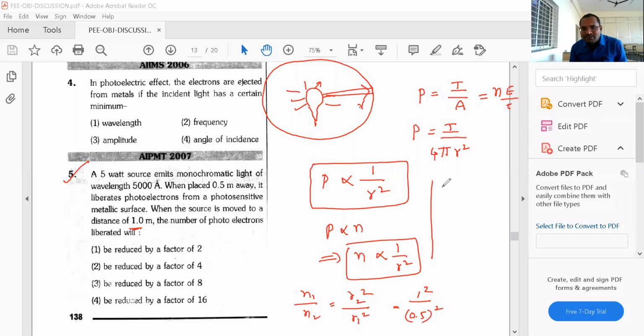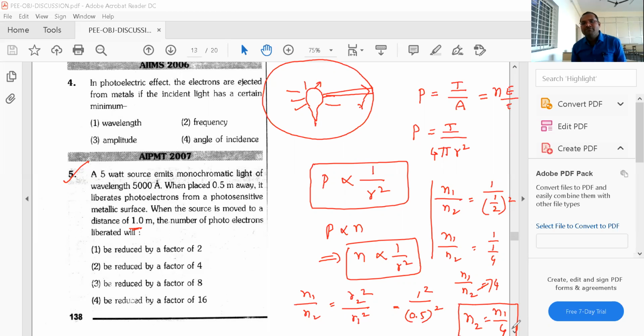That means n1 by n2 becomes 1 divided by 0.5, which is 2, so 2 square. Means n1 by n2 becomes 4. Now you want n2, the second number of photons. Cross multiplying, you get n1 by 4. N1 is the first number of photons.